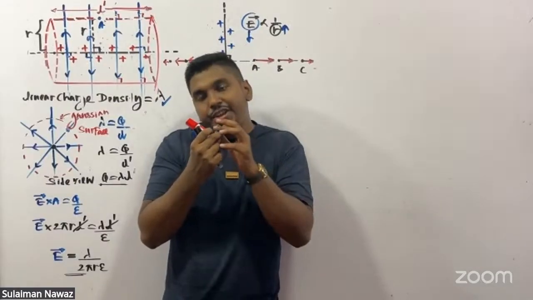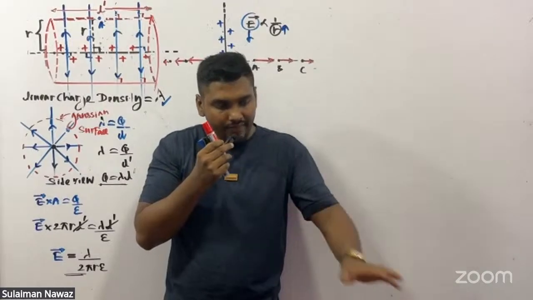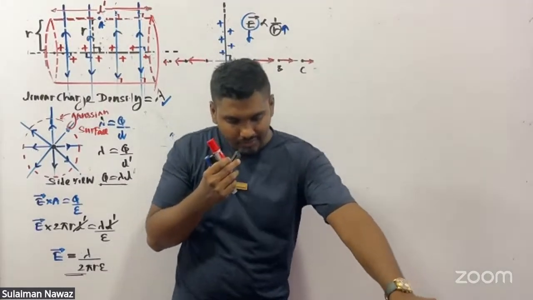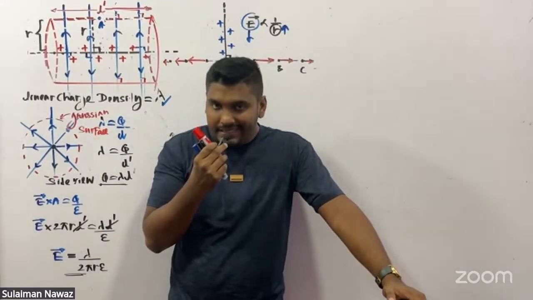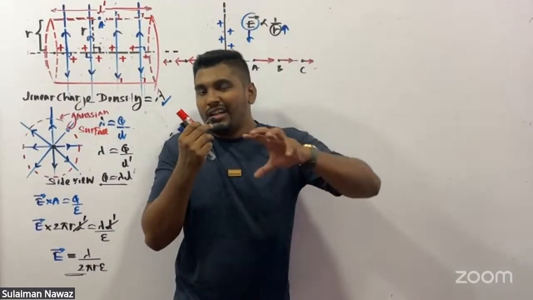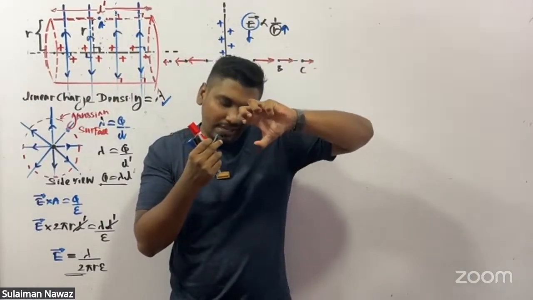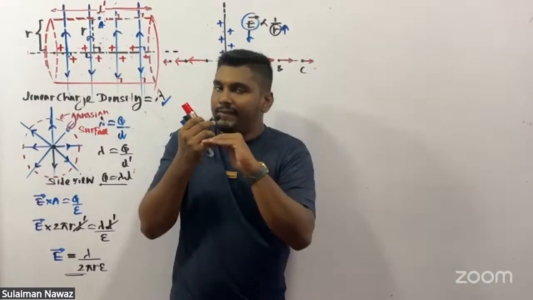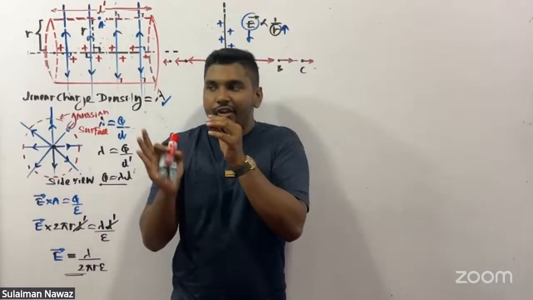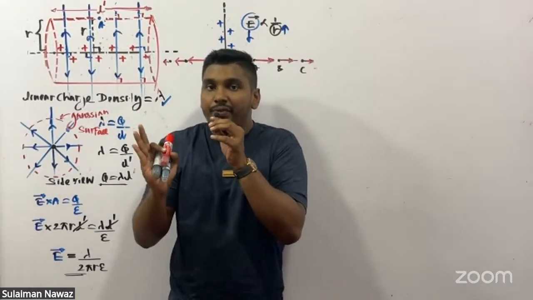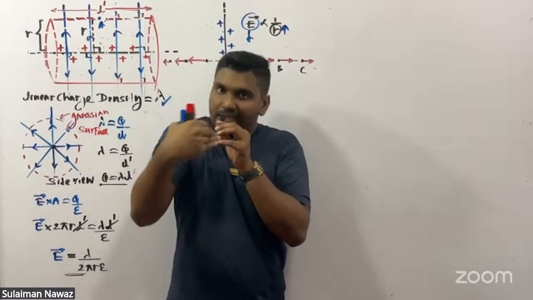When you give charge to a conductive material under electrostatic conditions, those charges always place on the external surface of the conductor. All the charges will distribute on the outer surface of the conductor.